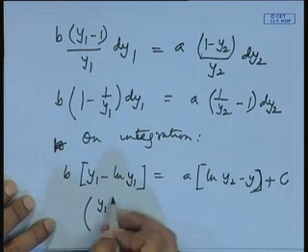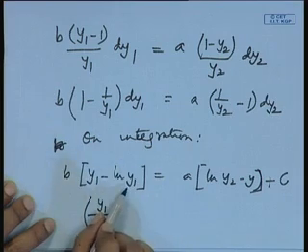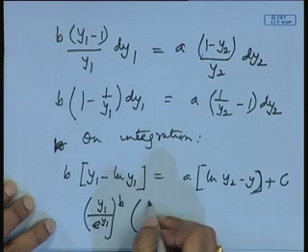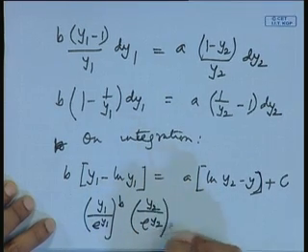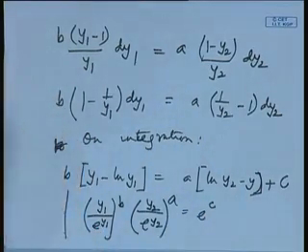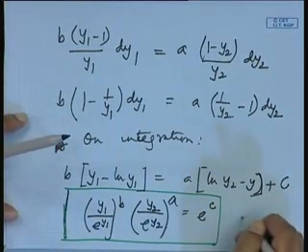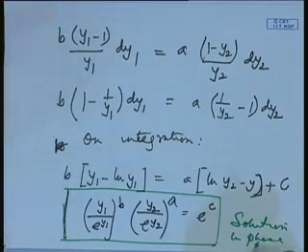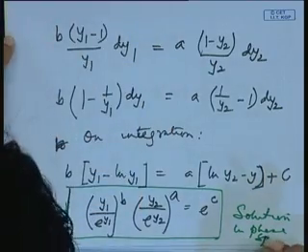So, y1 over e to the power y1, whole to the power b, times y2 over e to the power y2, whole to the power a, equals e to the power c. So, this is my solution of this equation, but solution in phase space. Okay. So, it is possible to solve this, but it is only possible to solve this in the phase space.